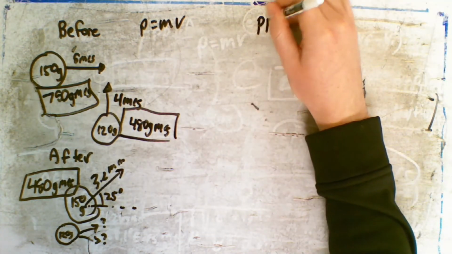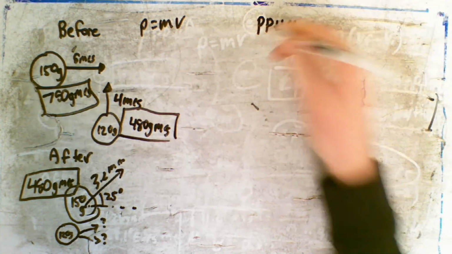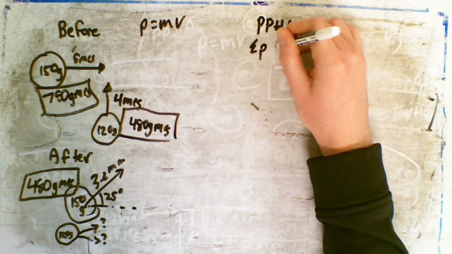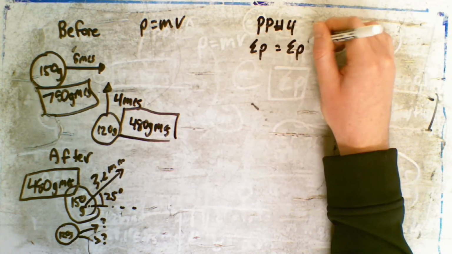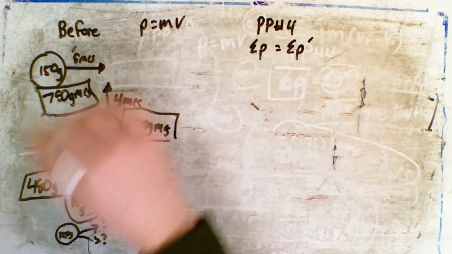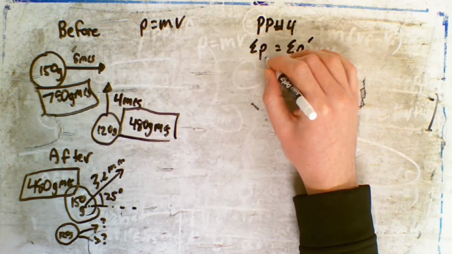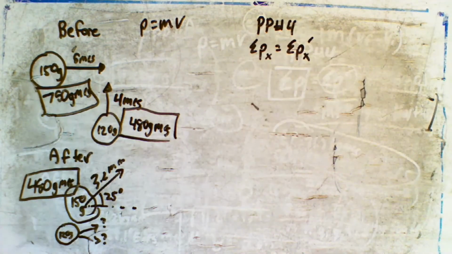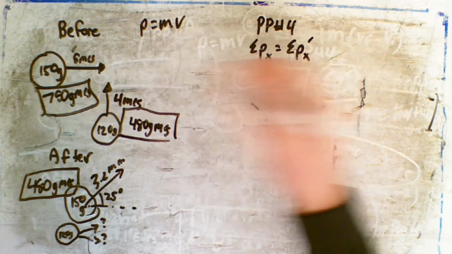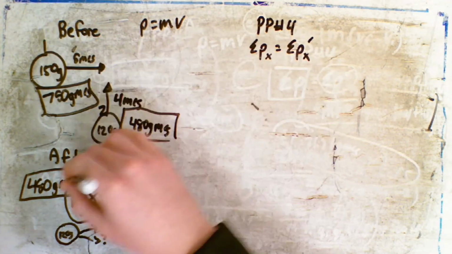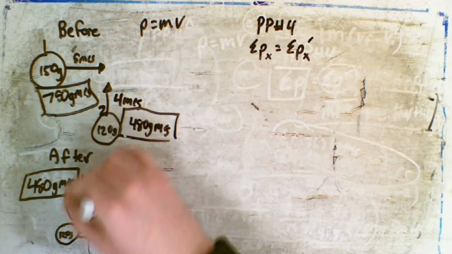So we're going to use physics principle number 4. Sum of our momentum before equals sum of our momentum after. But because this is a complicated two-dimensional problem, we're just going to add those x's there. So we have to find it in the x, find it in the y. So before, let's call this 1 and 2.